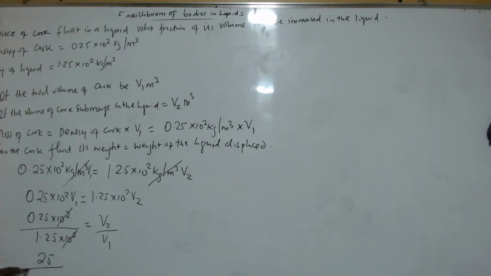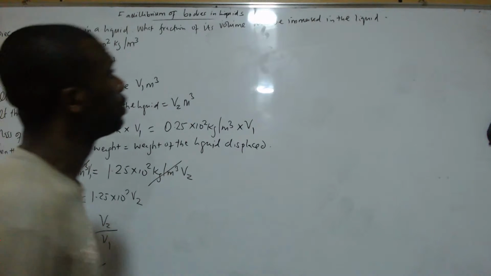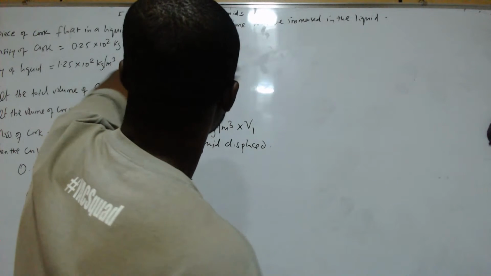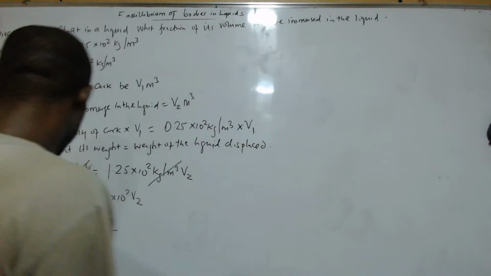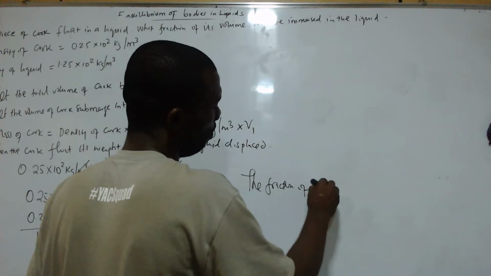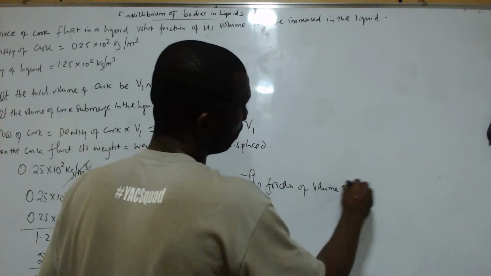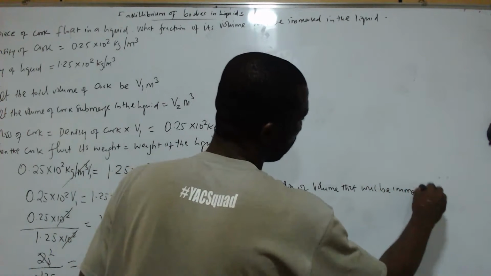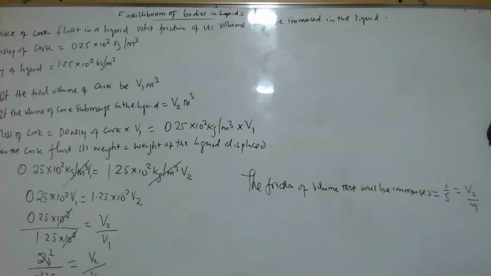We'll have 25 over 125 equals V2 all over V1. So 5 into 25 is 125, so the ratio will be 1 over 5 equals V2 over V1. So that's the final answer. It says, what is the fraction of its volume that will be immersed? So this is the fraction of the volume, which is 1 over 5.